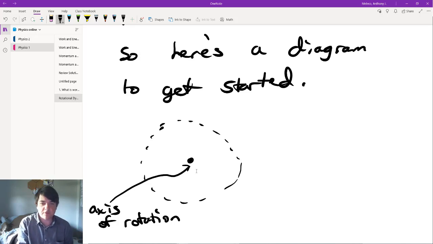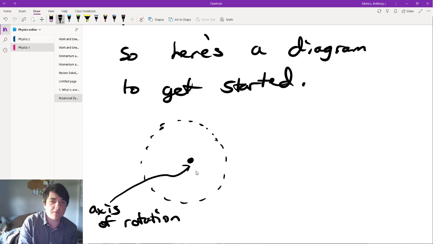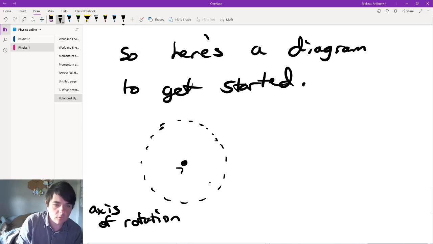I almost kind of want to redo the circle because it's that bad. Okay, that's better. And if I move the axis of rotation, that's a little bit better. Okay, and then what we need to do is draw a couple other things.